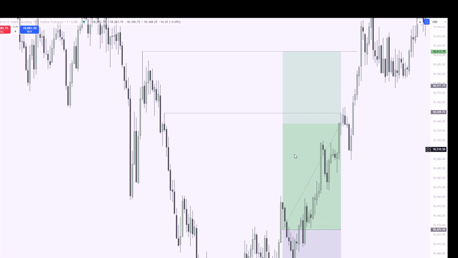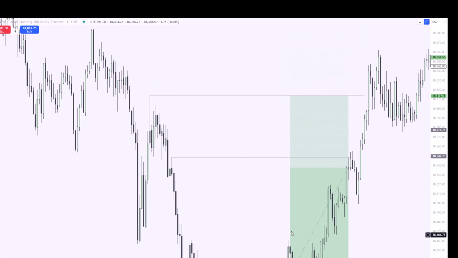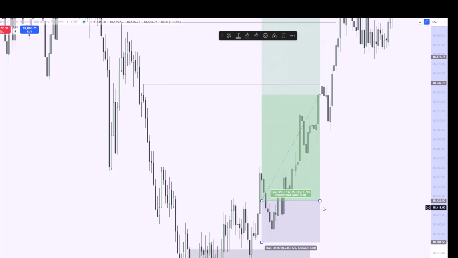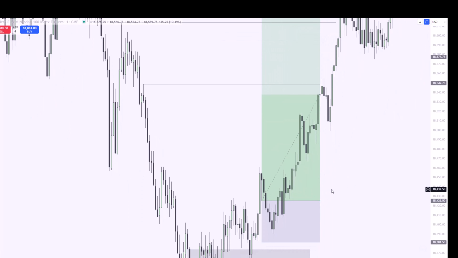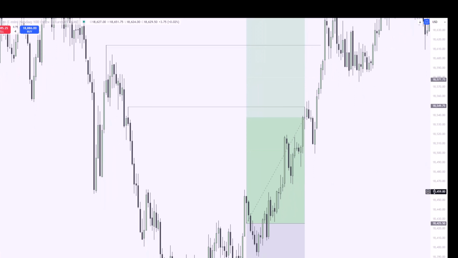But the real home runs, when you can catch this entire run all the way to here for a 5 or 6R, more often than not, these might fail you, or your psychology might fail you because you have to wait for quite a long time. You have to wait for like an hour and a half before it plays out.